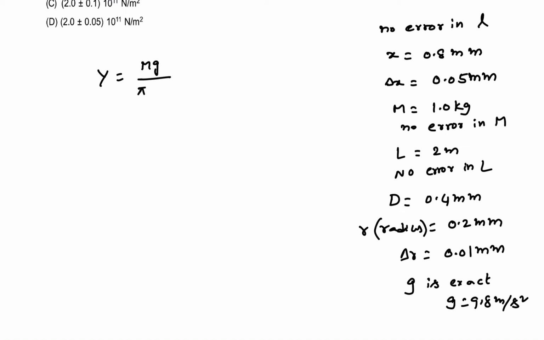You can see the Young's modulus obtained in the reading. I am taking y is equal to, as I have written earlier, m g divided by the area pi r square, into x divided by L. That is the strain, strain is x by L. So delta y divided by y is equal to, delta m is not there, g is not there, delta L is also not there.